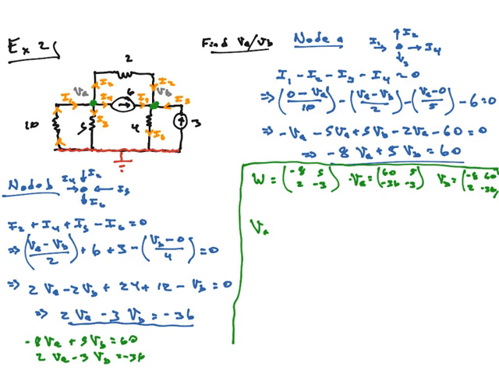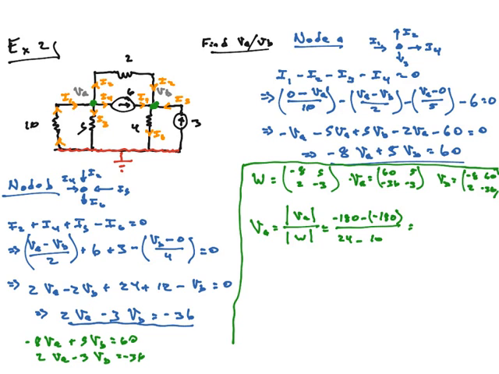Now, to solve for VA, I do the determinant of VA over the determinant of W. All right, so determinant of VA, I do the cross multiply and subtract. So 60 times negative 3 is negative 180, minus 36 times 5 is 150 plus 30 is negative 180, divided by W. Negative 8 times negative 3 is 24, minus 2 times 5 is 10.